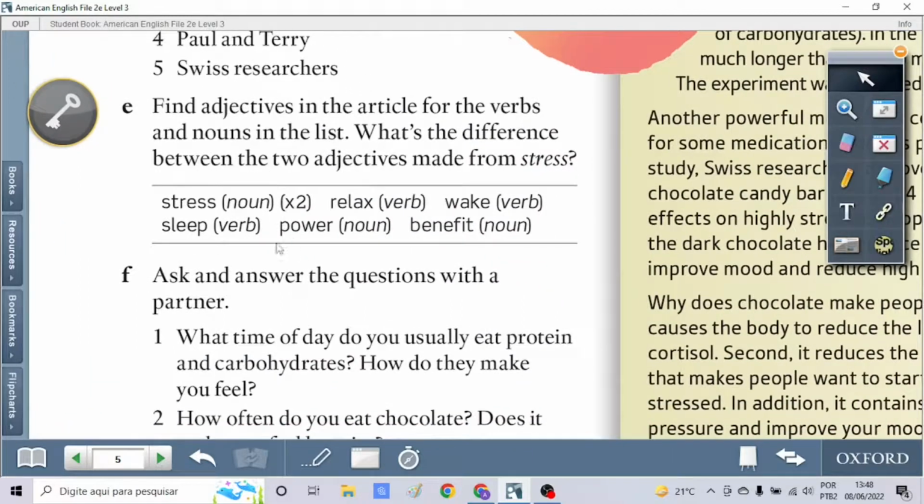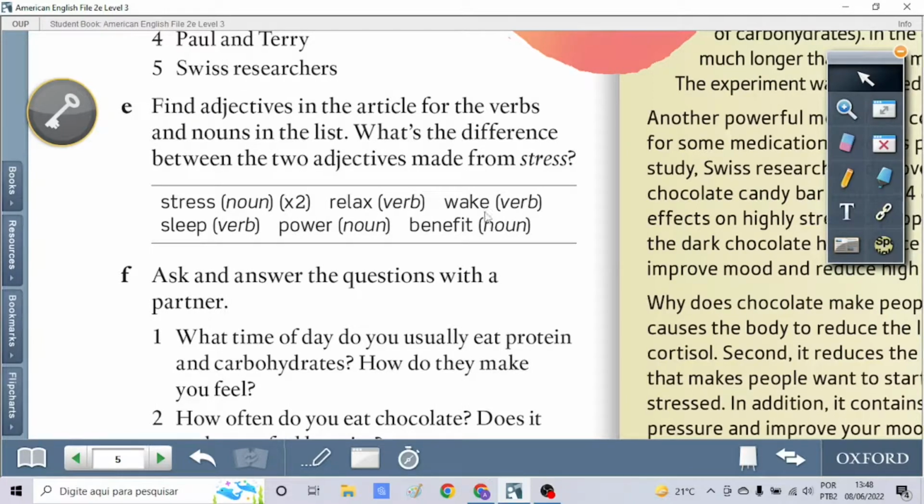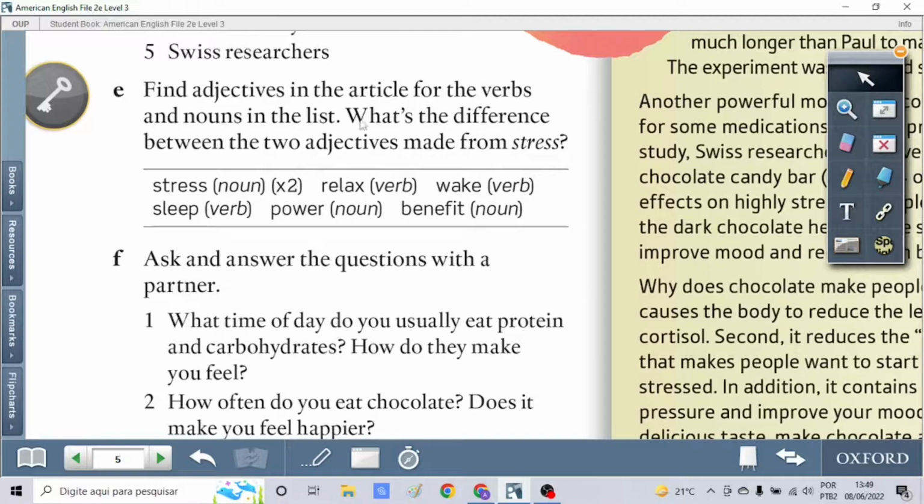Now in activity E, find adjectives in the article for the verbs and nouns in the list. What's the difference between the two adjectives made from stress? So let's go. Now, try to find in the article the verbs that are related to these words here.